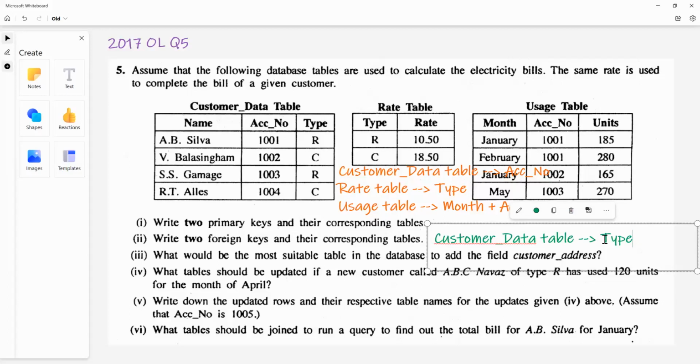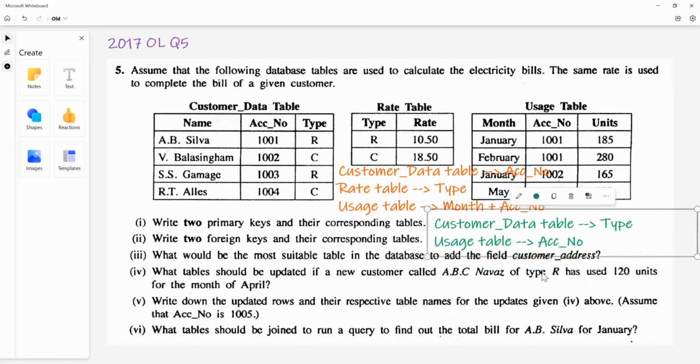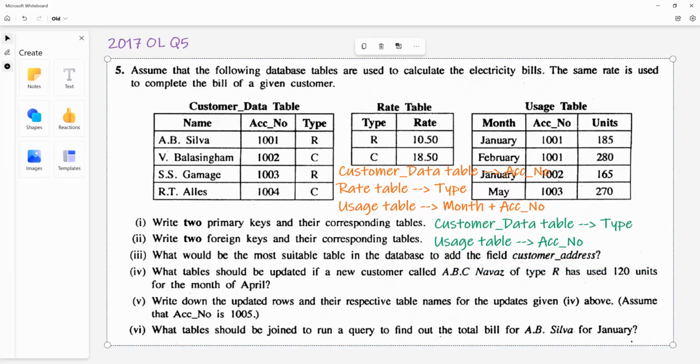Yes, right? So the second one is for the usage table. Another foreign key is, yes, account number. Right? So I hope now you got the basic understanding of foreign keys.